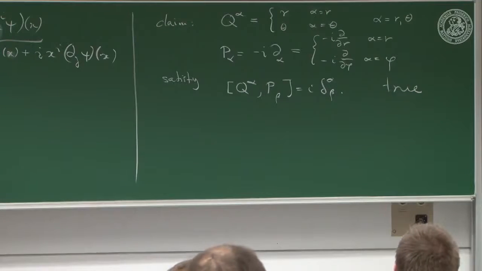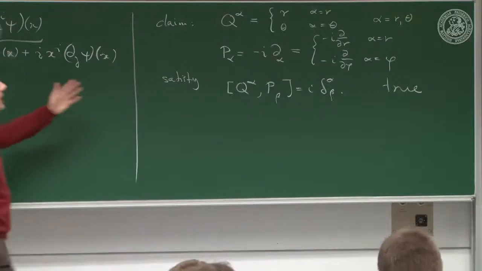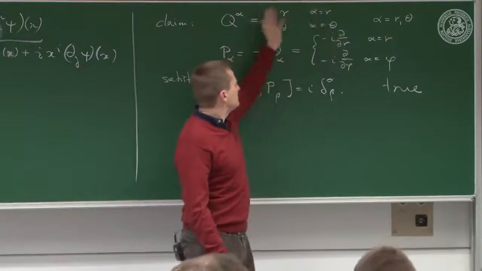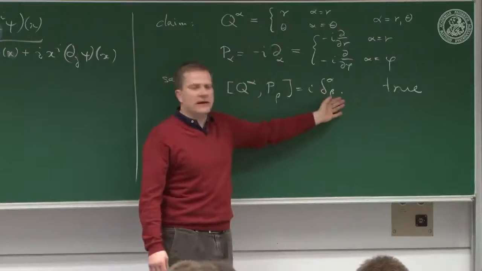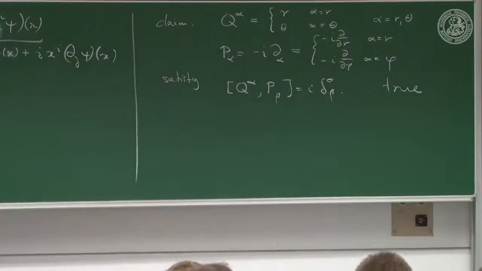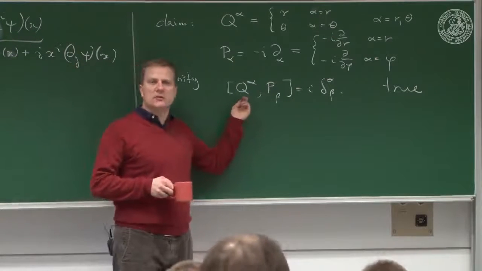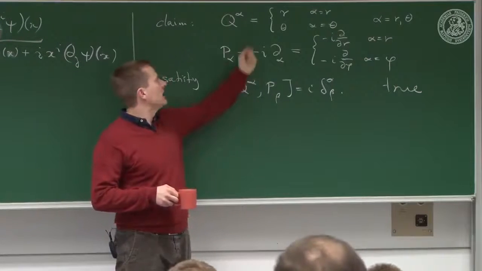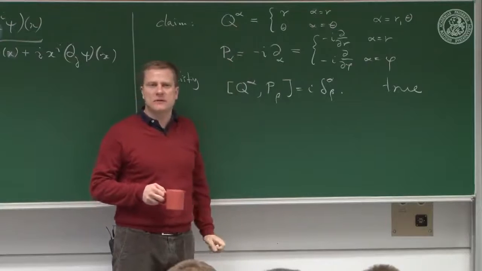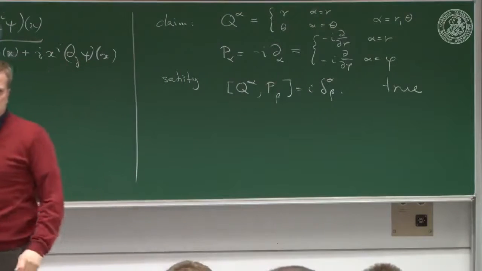If I derive it with respect to another one, I get 0. And these partials acting on these coordinates this way absolutely satisfy this. So there is no problem in going to polar coordinates as far as the commutation relations are concerned if I choose this representation. And we want to choose this representation.